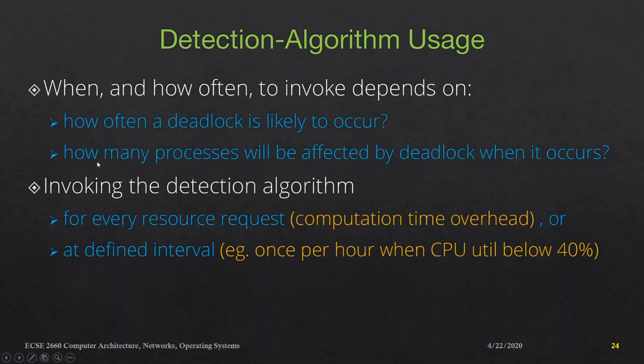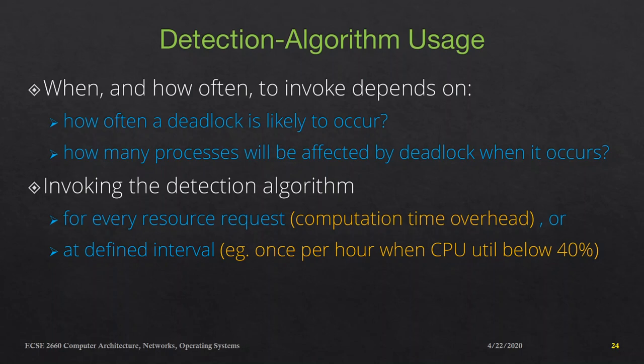The other question is how many processes will be affected by deadlock when it occurs. If a lot of processes are affected, you may want to increase the frequency at which you invoke it. If there are only a few processes, then you might adjust your intervals accordingly.